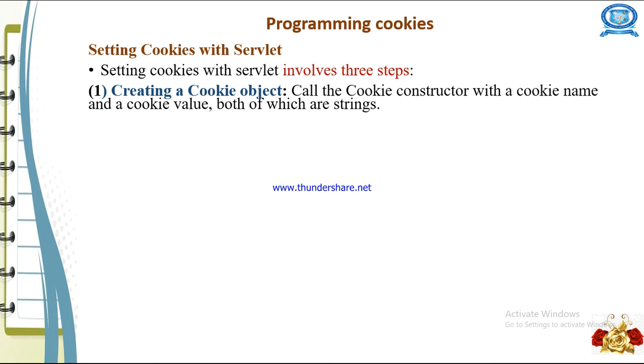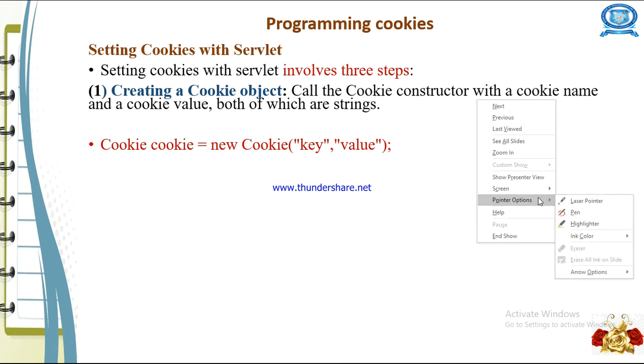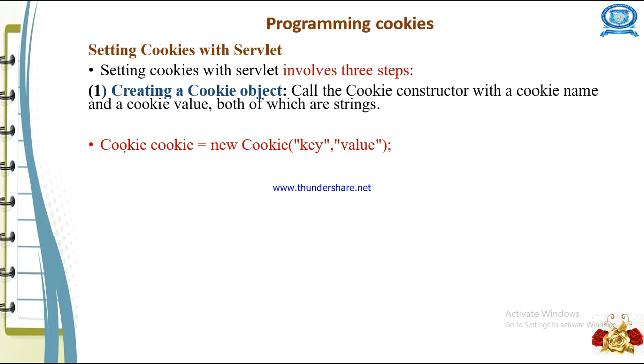So first of all, we create a cookie object by calling the Cookie constructor with a cookie name and value, both of which are strings. For example, Cookie cookie = new Cookie with the name and value within double quotation marks, in the form of strings.